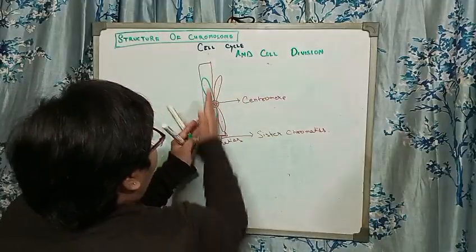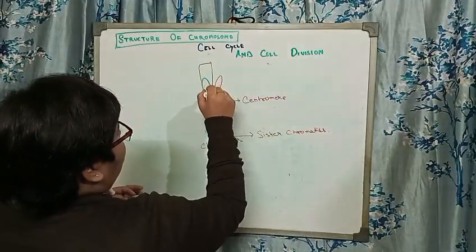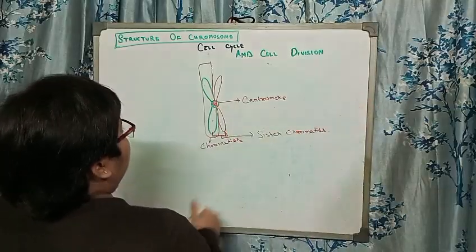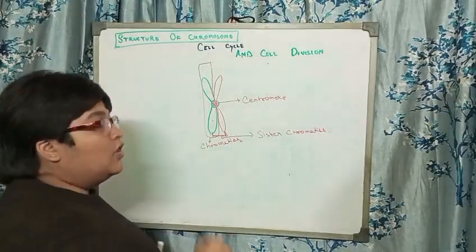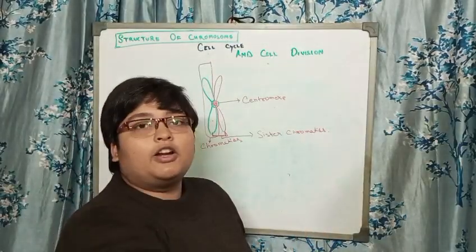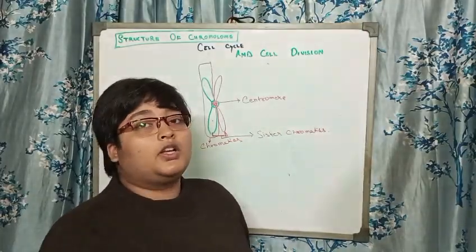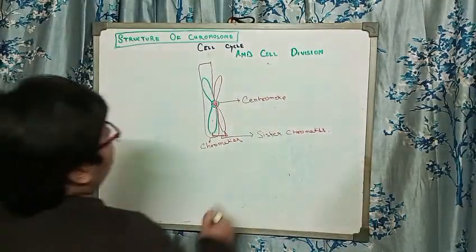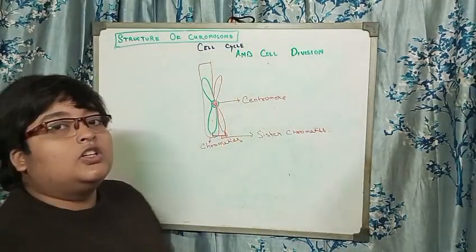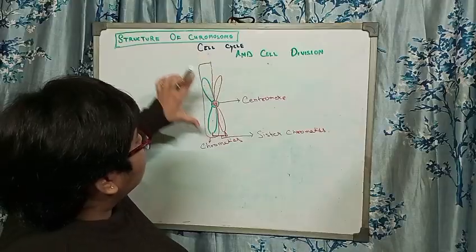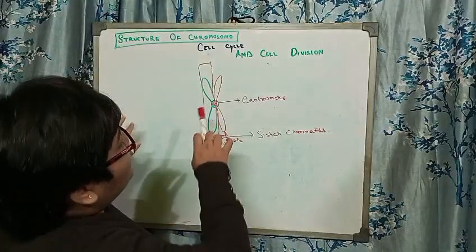As a result, these sister chromatids break from here and they get separated during cell division. We will be learning this in detail with diagrams in our upcoming videos when we will be discussing the cell division part. Fine. So this is the basic structure of a chromosome that has chromatids, sister chromatids and a kinetochore.